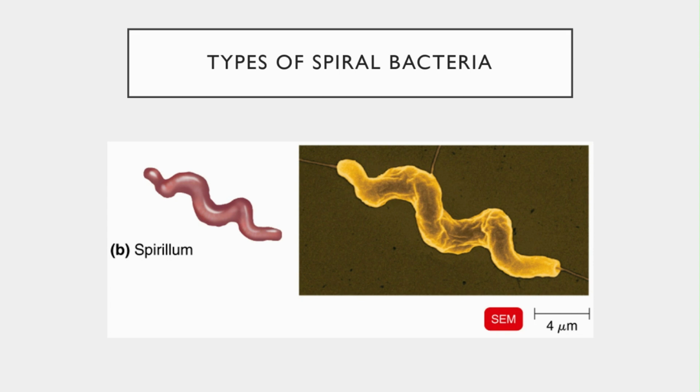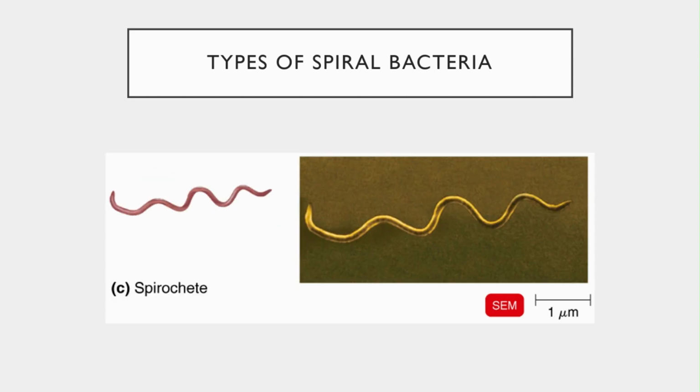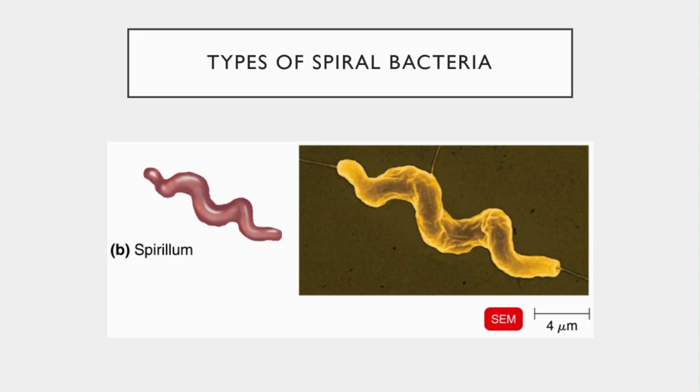Note the thickness of the wall in relationship to the length of the cell. Spirillum are relatively thick and spiral shaped. And this is important because it is not to be confused with a spirochete, which is thin and long. Because of this, they are springy. Carefully compare this to the stubby form of spiral bacteria, which are much stiffer in their design.